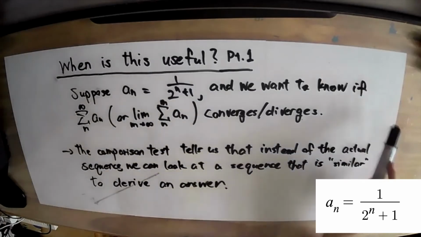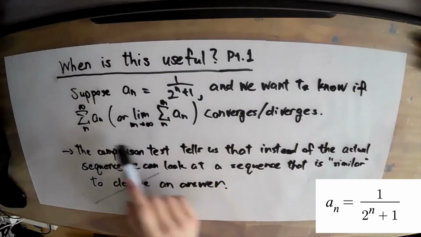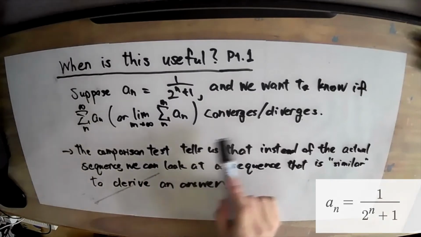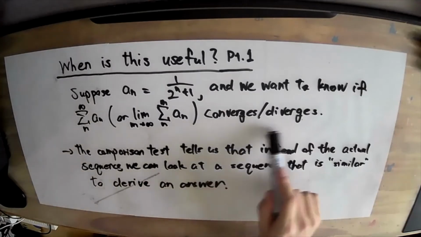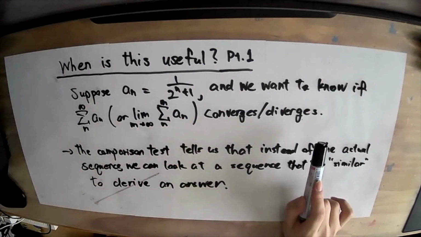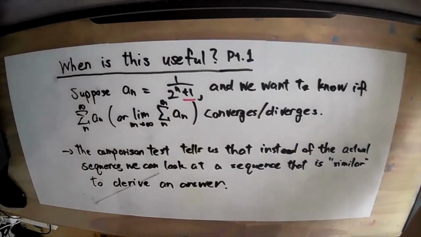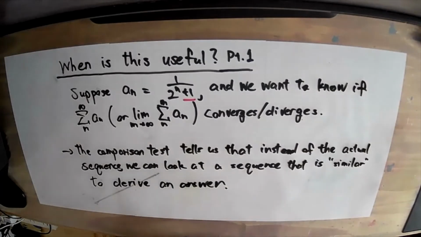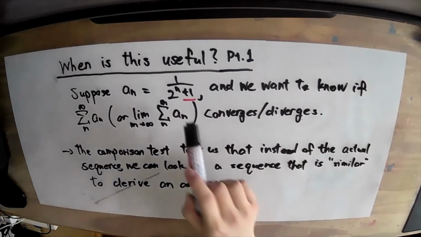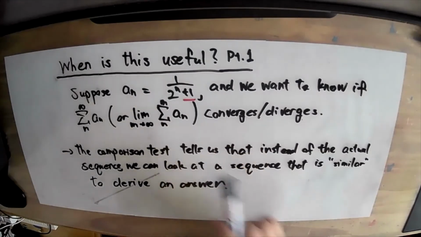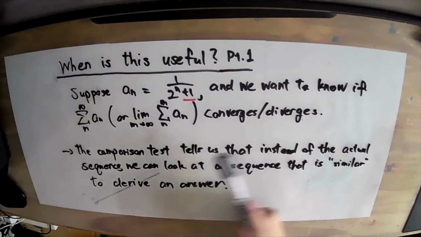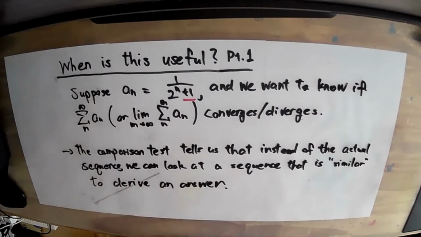And we want to know if the series of this sequence converges or diverges. Because there's this 1 here, we can't use what we usually use to solve this. So what the comparison test tells us is that instead of looking at this, we can look at something similar, which we can actually solve to derive the answer to the limit of this.